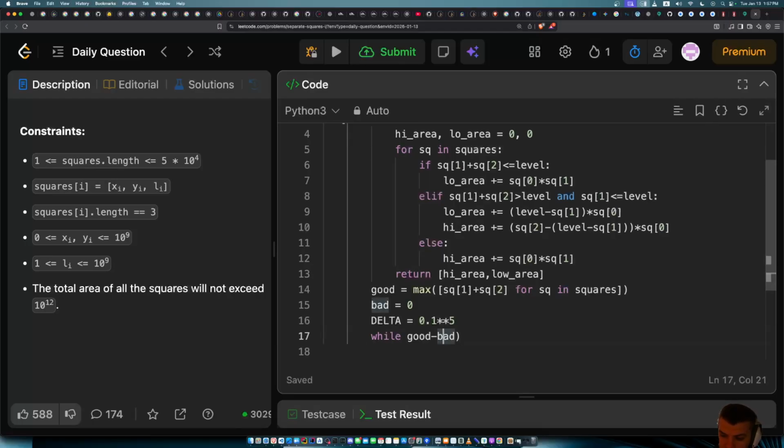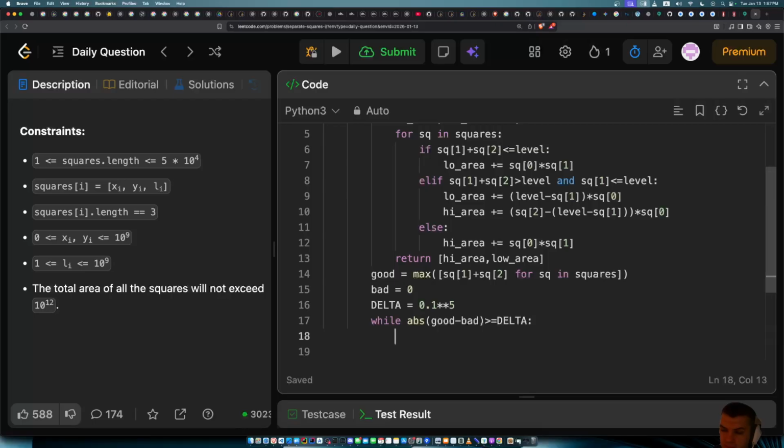Have this precision, and then while the difference between good and bad is greater or equal to delta, I'll do the following.